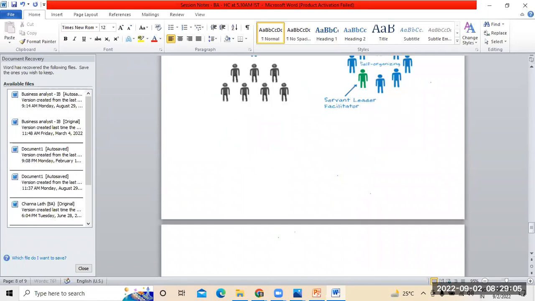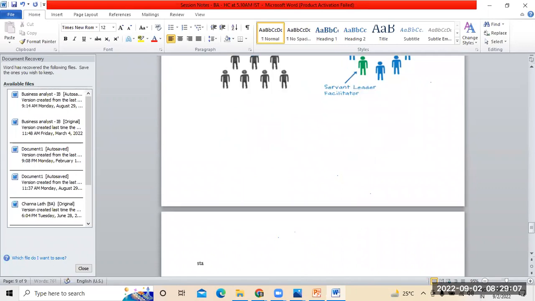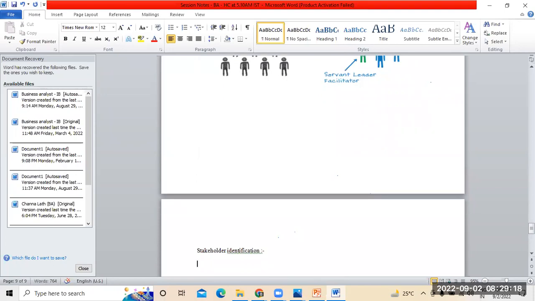Right. So when you talk about stakeholder identification, power and interest are two different things.